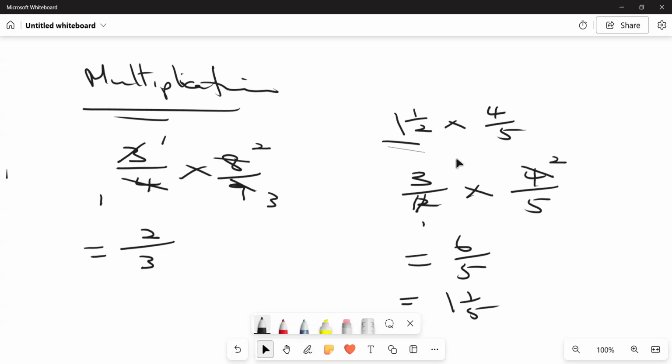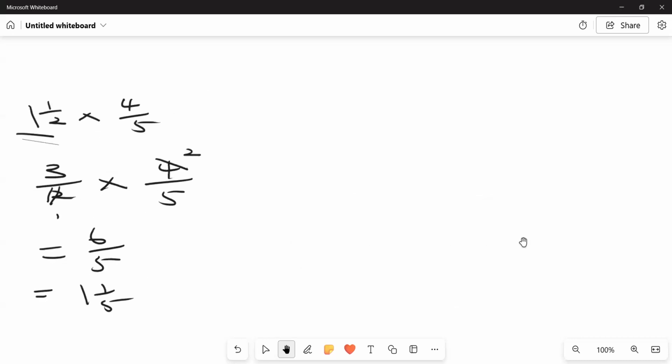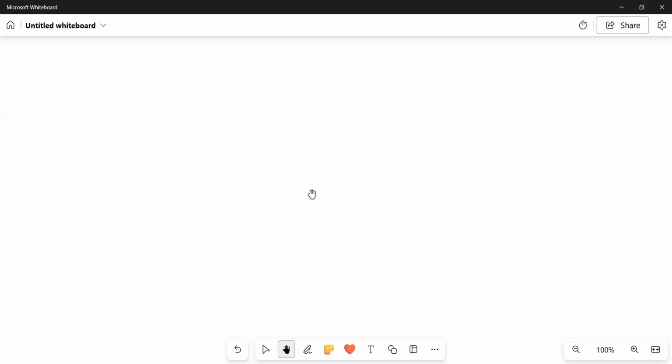When both are mixed numbers, you just change both to improper fractions and you multiply, right? You try to cancel any numerator with any denominator. Following so far? Yes, sir.